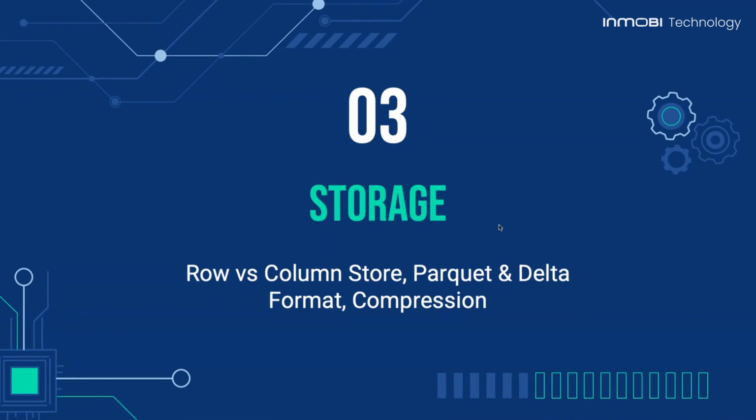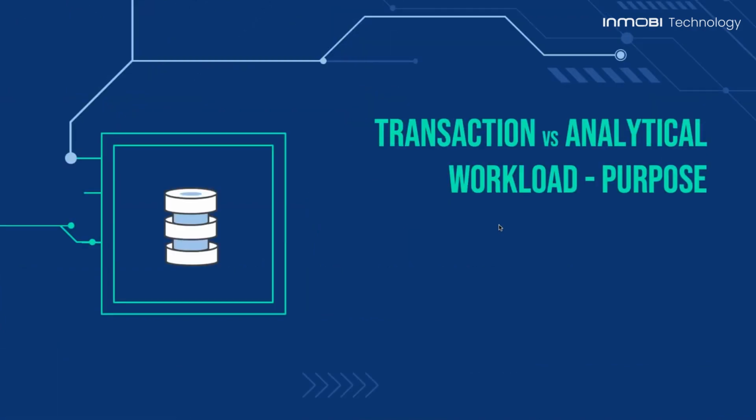We'll start with the storage part. First, you need to understand that when we are designing either the storage or the query engine, one must understand there are certain differences between the transactional, relational database world and the analytical or big data workload.